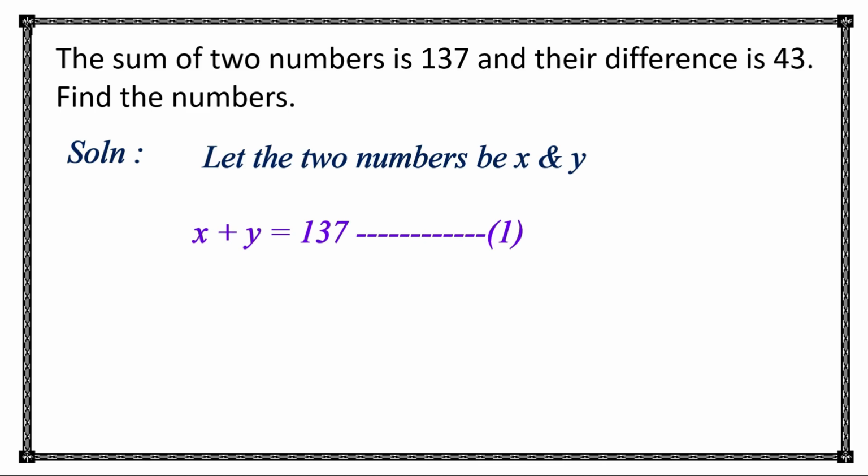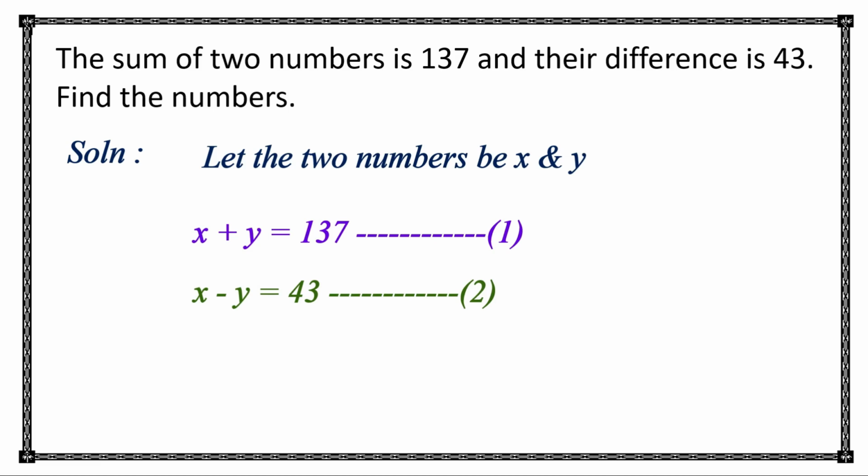The first condition they have given, sum of two numbers is 137. So x plus y is equal to 137. Assume this as equation number 1, children. And the second condition they have given is their difference is 43. So x minus y is equal to 43. Assume this as equation number 2.